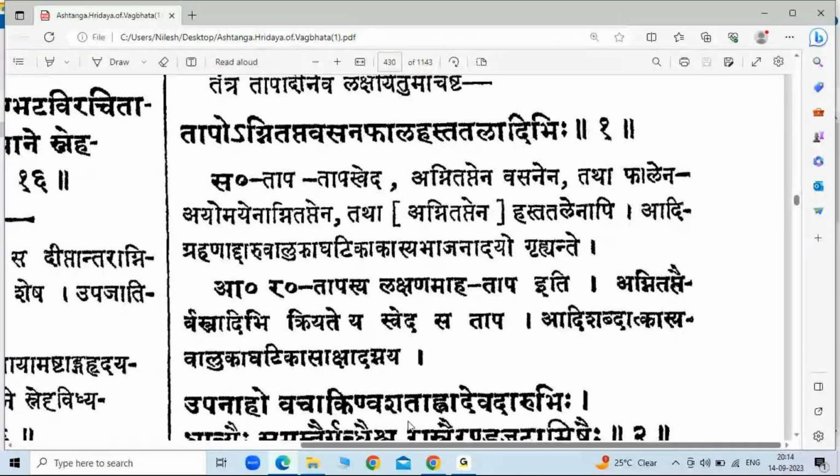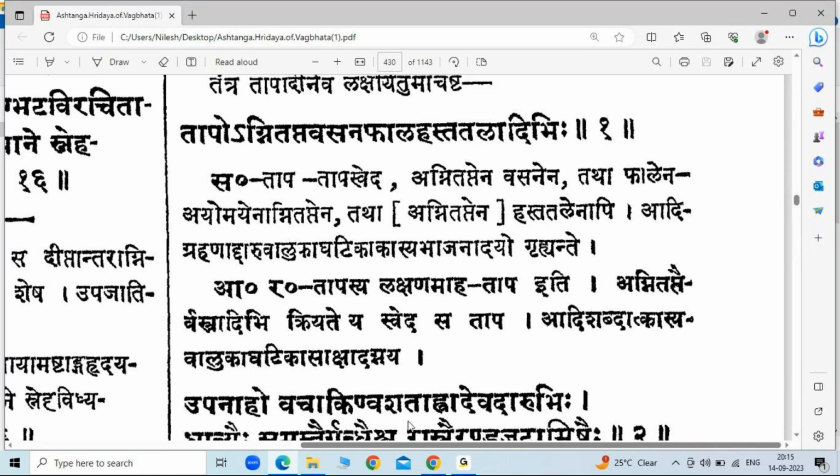It is the palm of the person who is doing the svedam. So these and similar objects are heated with agni and then applied over the area where we are planning to do the svedanam, and svedanam happens.